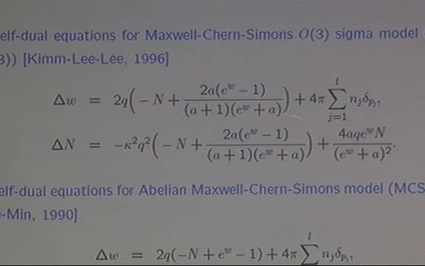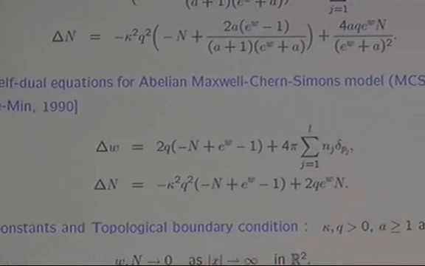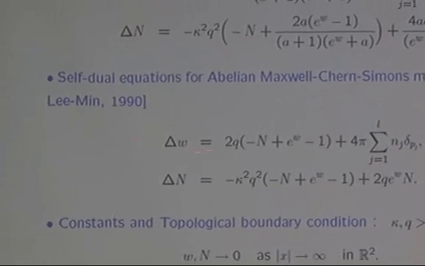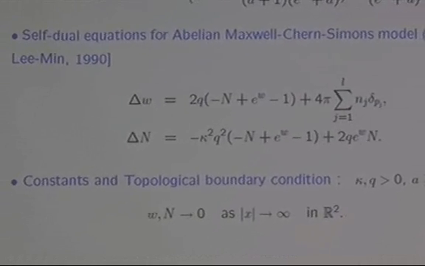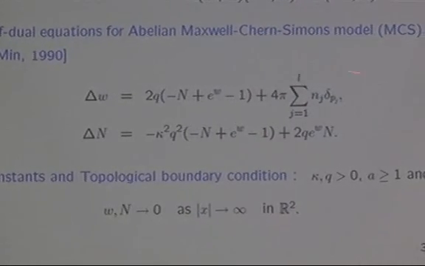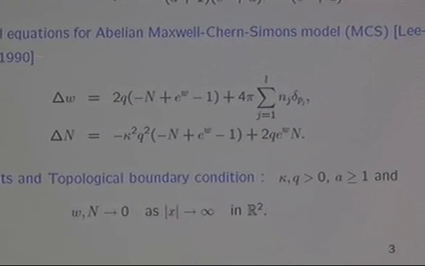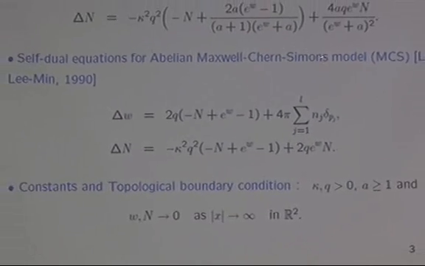We are interested in this model, but we can also consider a simpler model, which is called the abelian Maxwell-Chern-Simons model, initiated by Lee and Min in 1990. And the model can be written as this system. Actually, the Maxwell-Chern-Simons model was initiated by these people to explain the unification effect of the Maxwell model and the Chern-Simons model in the abelian case.